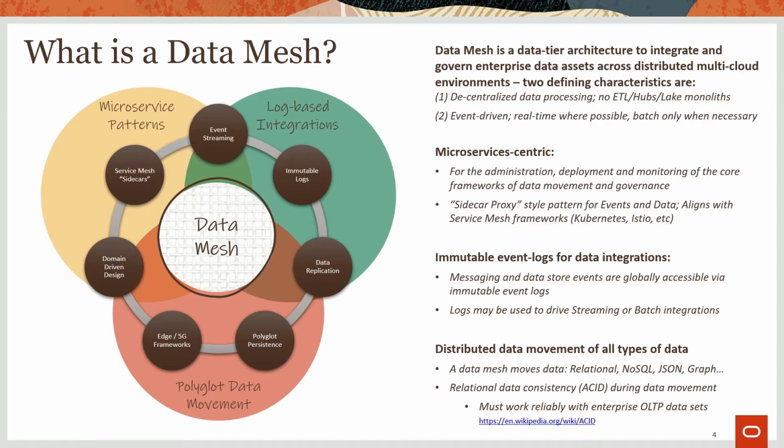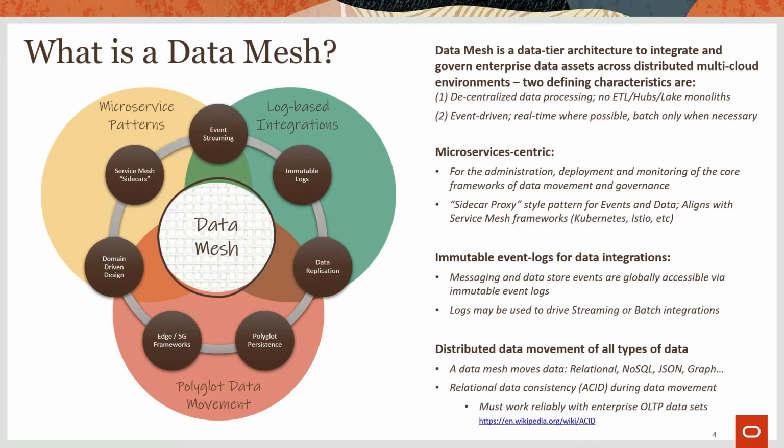Immutable event logs have really taken off in the last 5 years or so, particularly around the Apache Kafka community. In this case, for data integration, we look at logs as the eventing mechanism to drive both streaming as well as batch integrations. That's important: you can drive batch integrations through the event-based frameworks too. It doesn't have to be Apache Kafka.